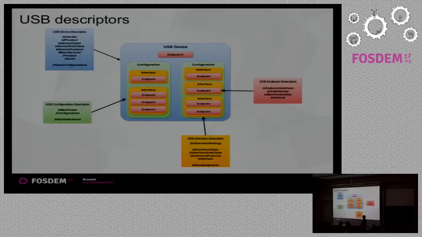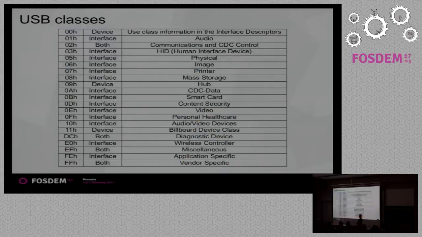Then we have information about class. The same information about class is repeated in the interface descriptor. It's not really the same, it's the same kind of field. What is class? Well, class is the identity of some standard, some well-defined communication protocol. For example, you have the SSH protocol. So a class in terms of USB is a triple which identifies such a protocol. Such a triple may identify, for example, the mass storage protocol.